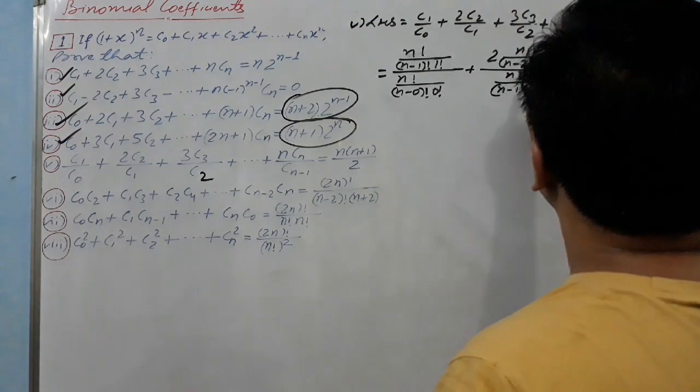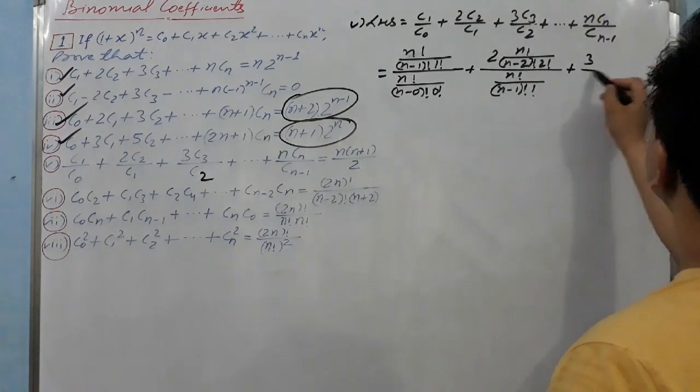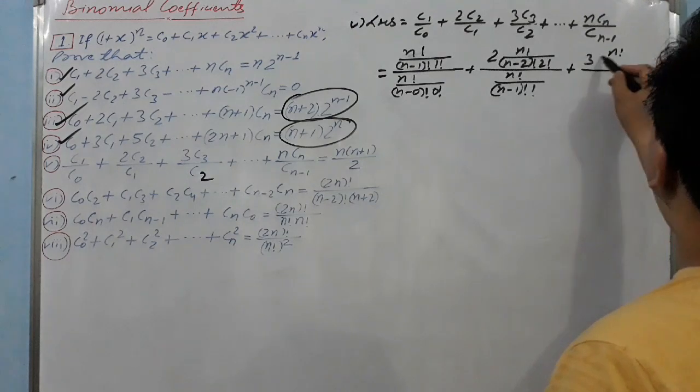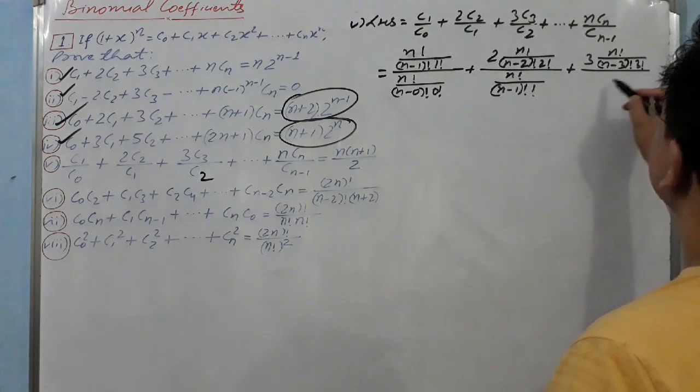Here C1 means n factorial over n minus 1 factorial, 1 factorial, plus 3 times n factorial over n minus 3 factorial, 3 factorial.